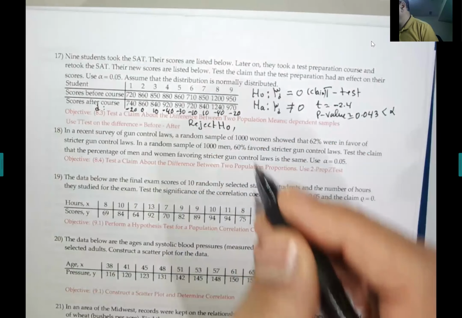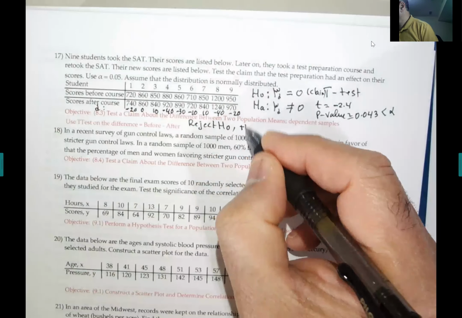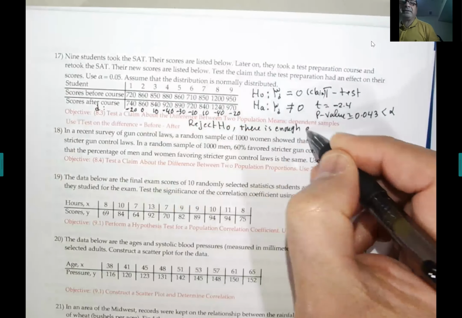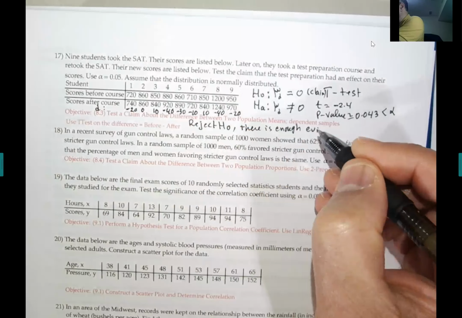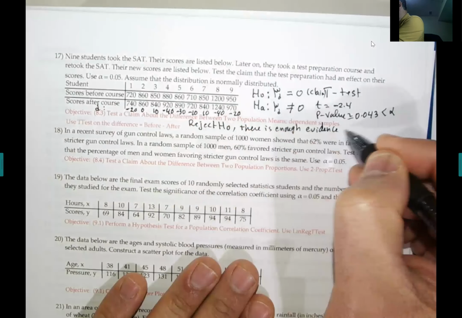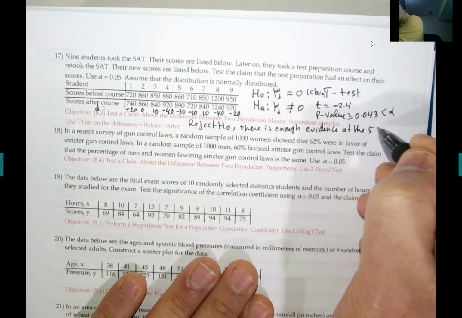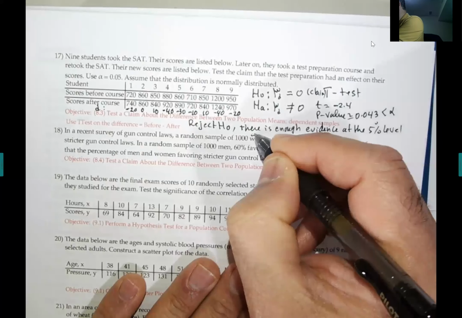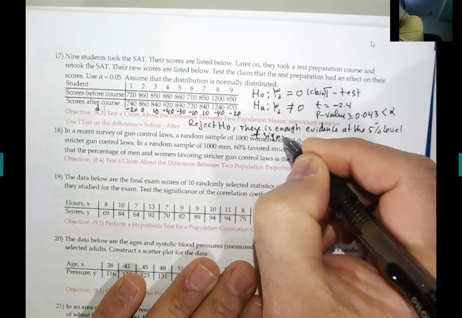There is enough evidence at the 5% level of significance to reject the claim.